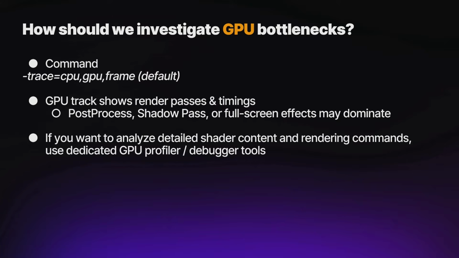To profile the GPU, you can use the GPU channel or default channel. GPU analysis focuses on identifying longer render passes. If needed, use a dedicated GPU profiler or debugger tool to go even deeper, especially when shader-level analysis is required.